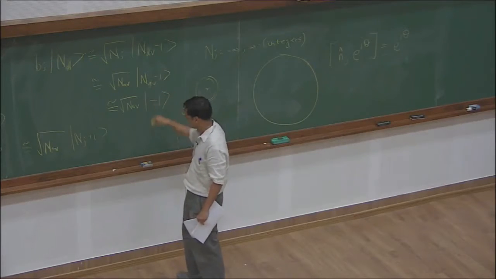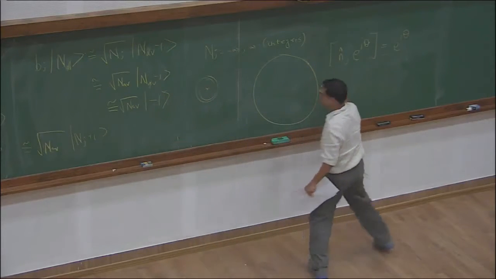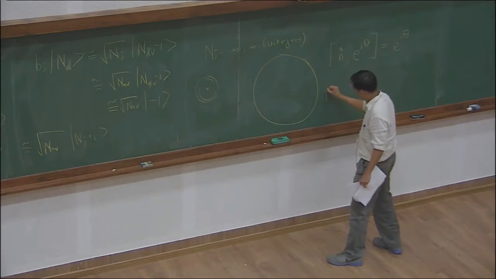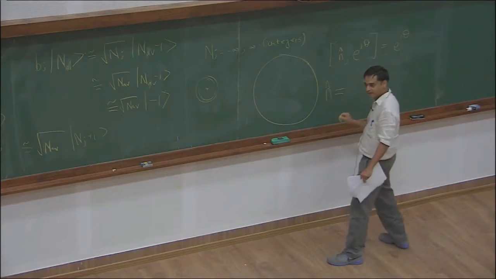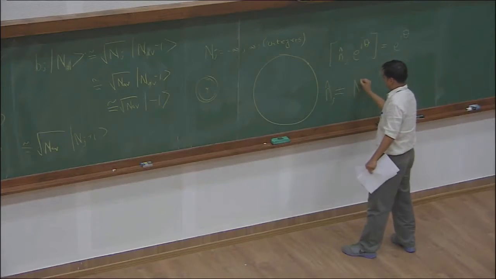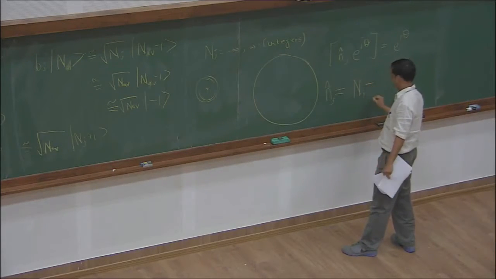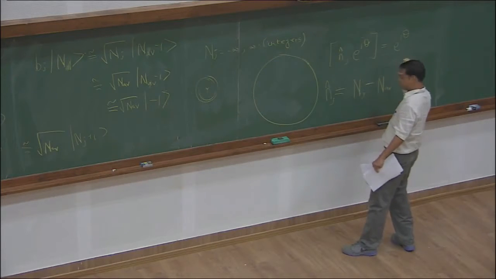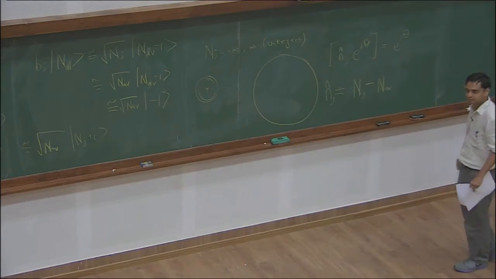And these differences, so now, can people read this? I can now make the operator identification: n at a site j in this auxiliary problem is nj minus NAV, right?